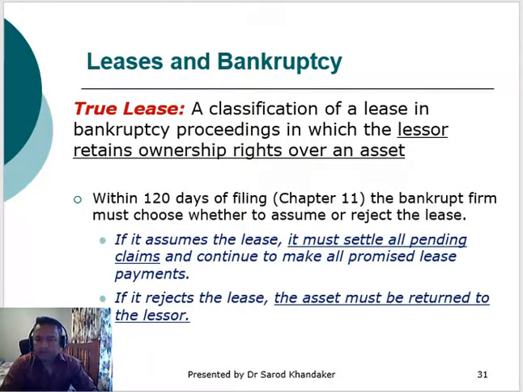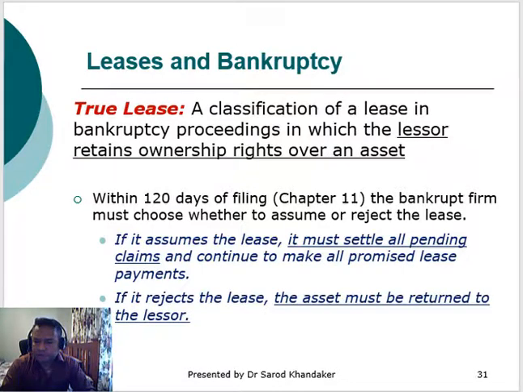So what is a true lease? A true lease is a classification of a lease in a bankruptcy proceeding in which the lessor retains the ownership rights over the asset. Within 120 days of filing Chapter 11 bankruptcy, the bankrupt firm must choose whether to assume or reject the lease.